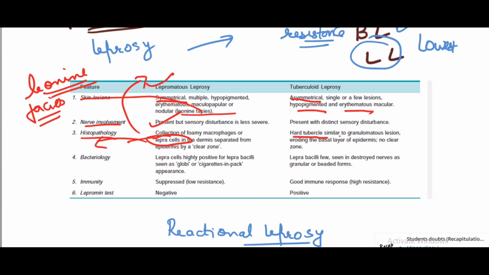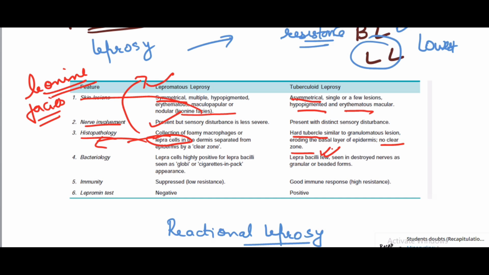In the tuberculoid type, there is formation of hard tubercles, and these lesions erode the basal layer of the epidermis, and there is no clear zone. So what are the histopath features that distinguish lepromatous leprosy from tuberculoid leprosy? Lepromatous leprosy has foamy macrophages and lepra cells separated by clear zones, while tuberculoid leprosy has hard tubercles that erode the basal layer.